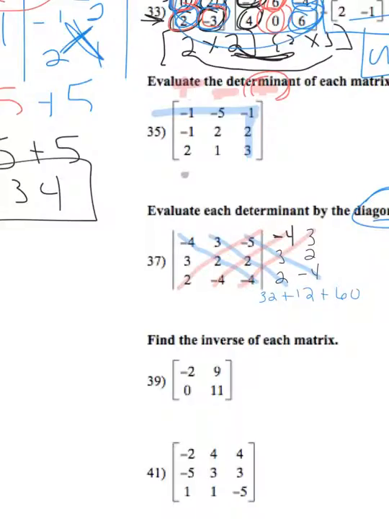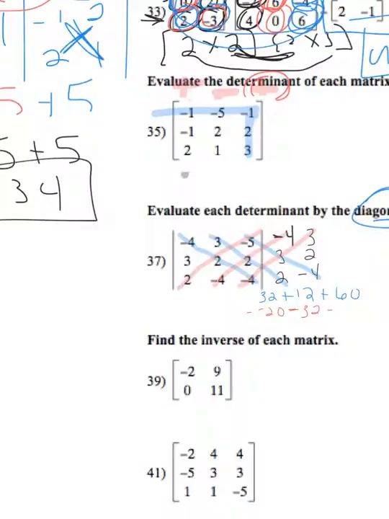Okay, so I'm going to subtract those. So there's 2 times 2 is 4 times -5. 4 times -5 is -20. So I want to subtract -20. Subtract the next ones. -4 times -4 is 16 times 2. So I'm going to subtract 32.